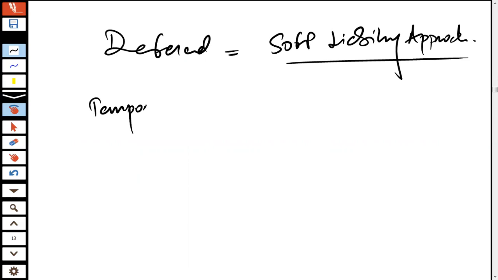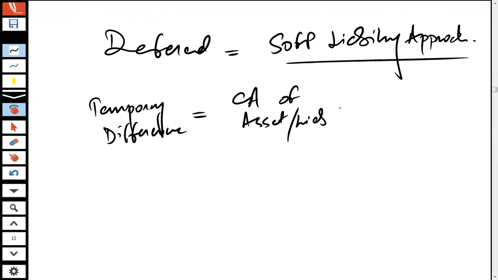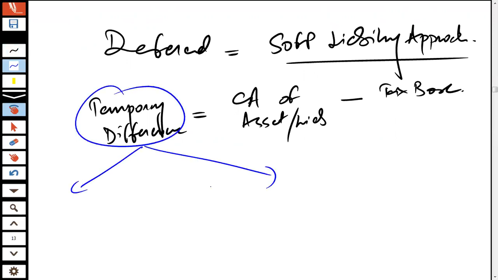One of them is temporary difference, which is the difference between the carrying amount of an asset or a liability and its tax base. Temporary differences could be taxable temporary differences or deductible temporary differences.